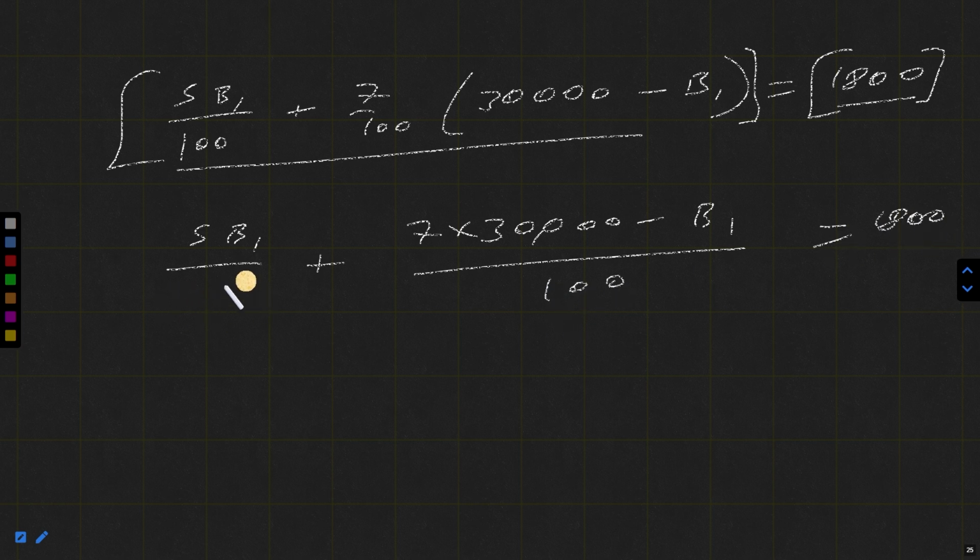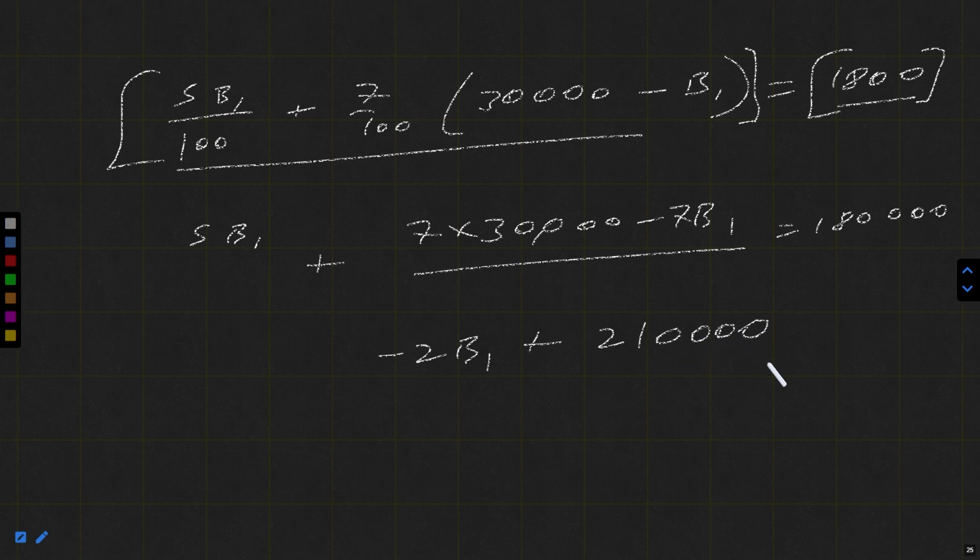Now, taking LCM and multiplying with 100, you will get this thing. So far so good. Sorry, 7 will be multiplied also here. Now 5 B1 minus 7 B1 will be minus 2 B1, plus 210000. This will be this.